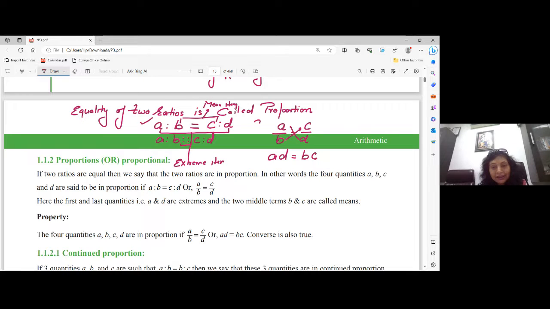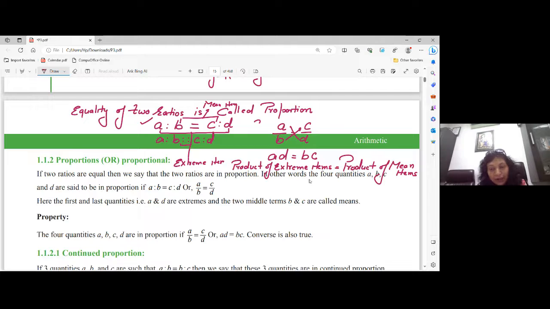So if two ratios are in proportion, then the property is that the product of extreme items is equal to the product of mean items. If we want to check whether two ratios are in proportion or not, you just have to find the product of extreme items and the product of mean items.